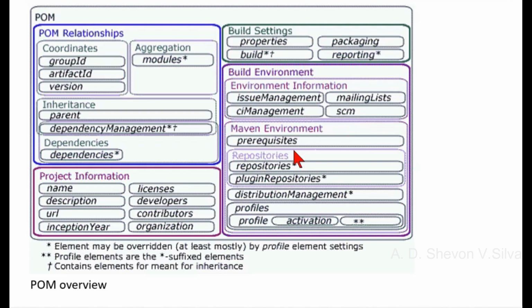Prerequisites. A POM may have certain prerequisites in order to execute correctly. The only element that exists as a prerequisite in POM 4.0.0 is the Maven element, which takes a minimum version number. Repositories.